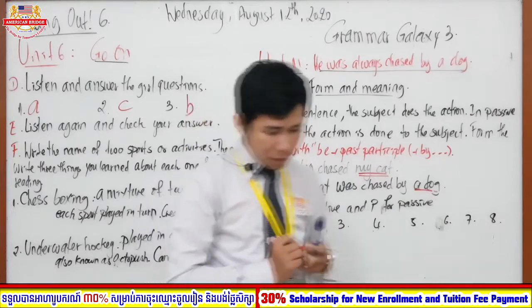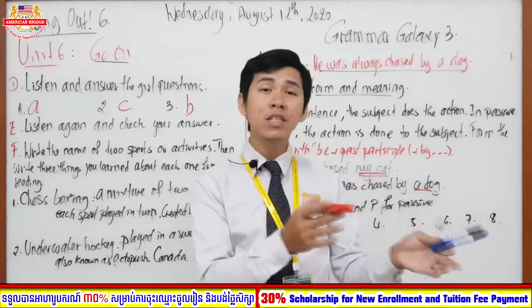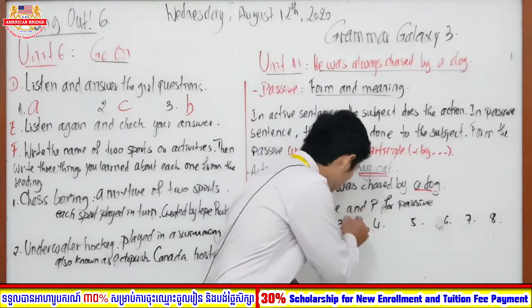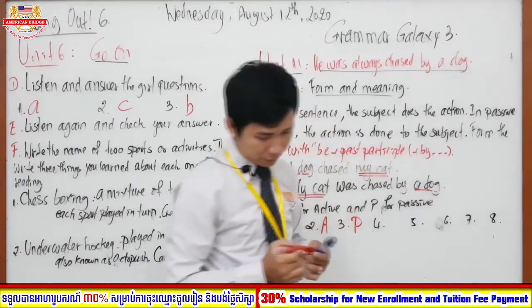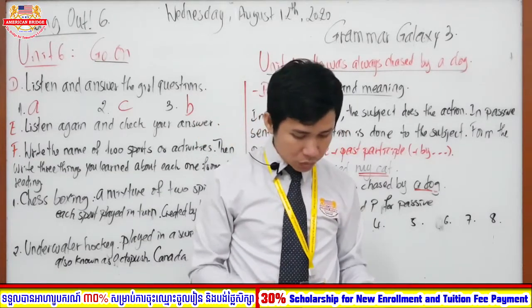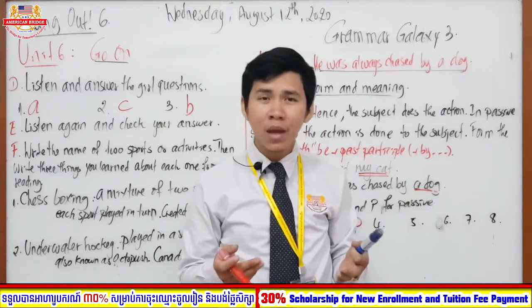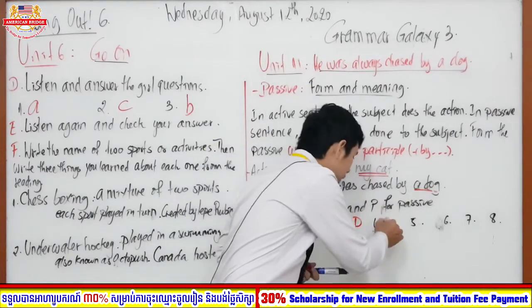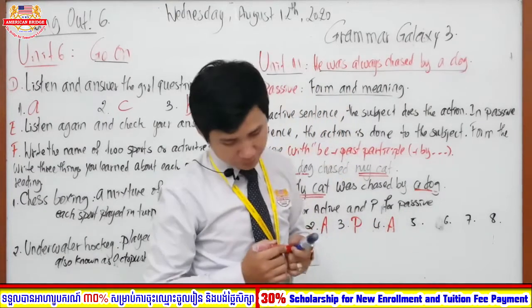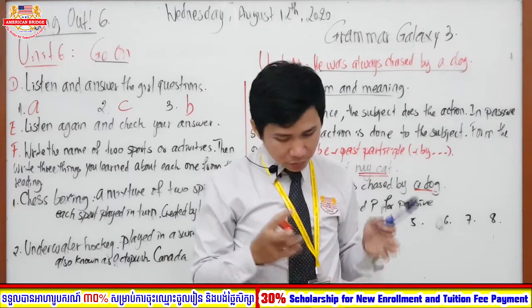Number three: our names were called by Mr. Green. Passive or active? Very good, it is passive. Number four: my classroom door was open. Passive or active? Great, number four is active. Number five: the box was mailed five days ago.